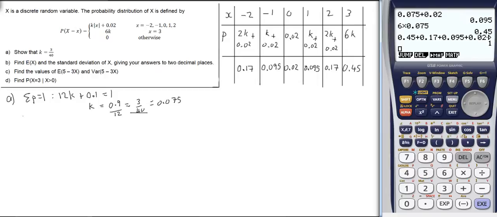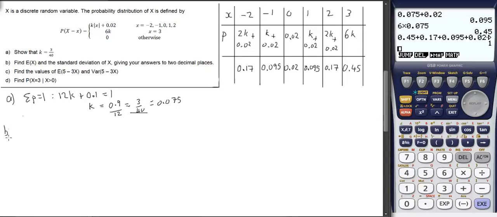Okay, so now we're in a position to do B, which is E of x and the standard deviation of x. Okay, so E of x is the sum of x times its corresponding probability. So we've got, well, actually I'm going to make life a bit easier here. We've got minus 2 times 0.17, but then we've got 2 times 0.17. They're going to cancel each other out.